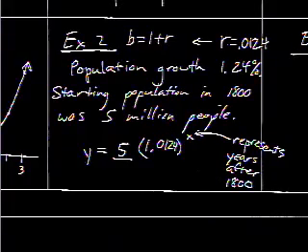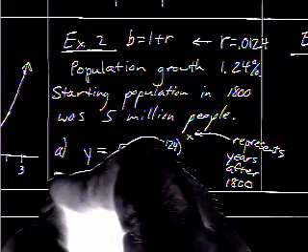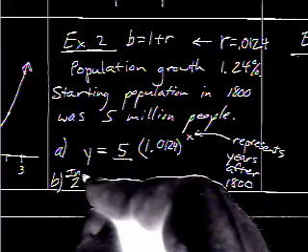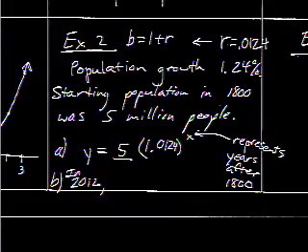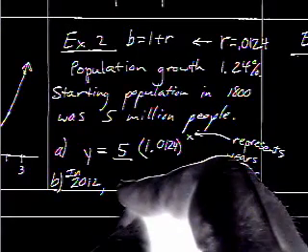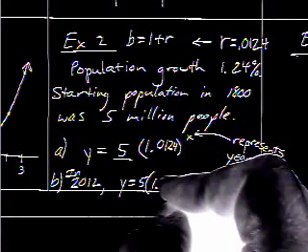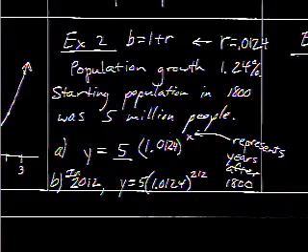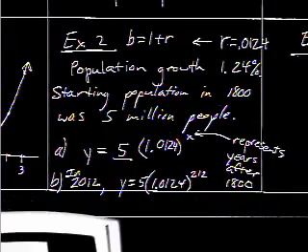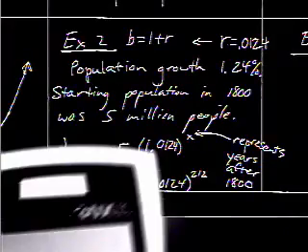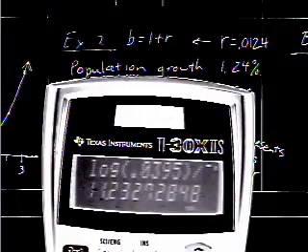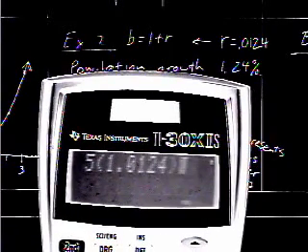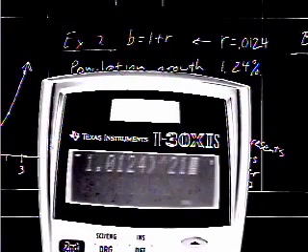So we can find the model, and then maybe they'll say, so what is the population in 2012 according to this model? Well, so I have y equals 5 times 1.0124 to the 212th power, right? So I'm going to go to the handy dandy calculator here. 5 times 1.0124 to the 212th power.